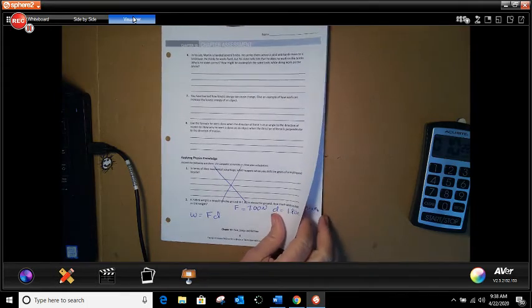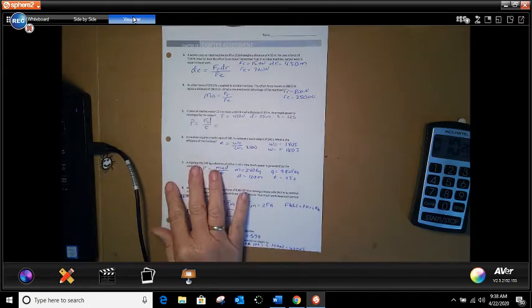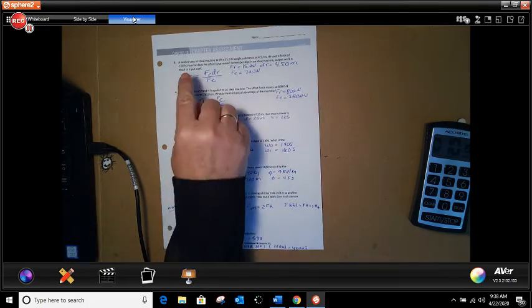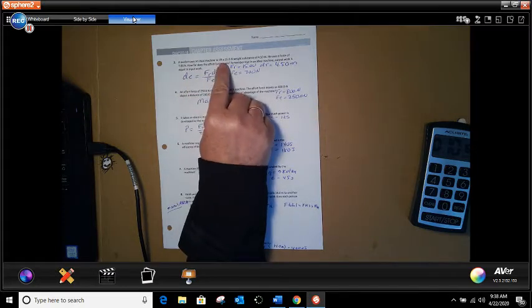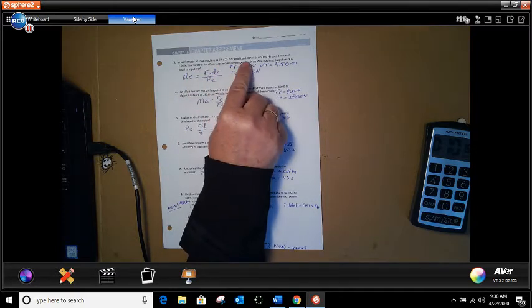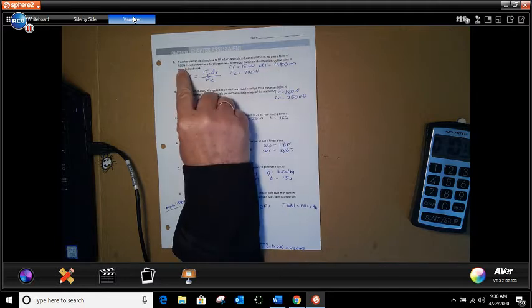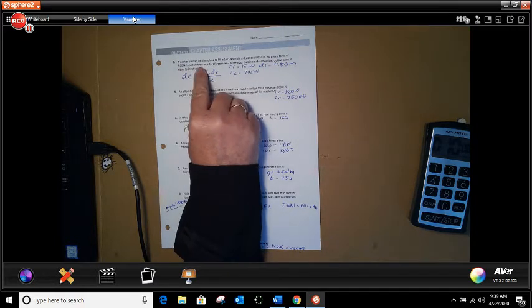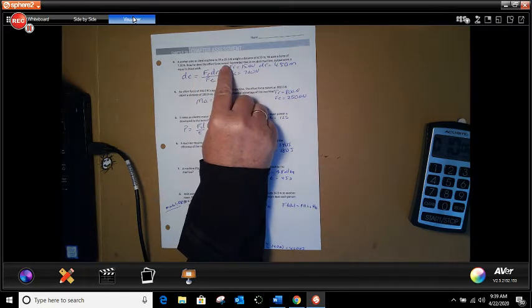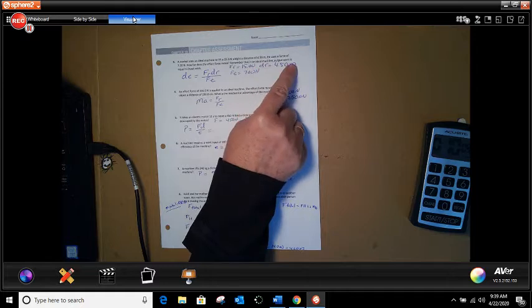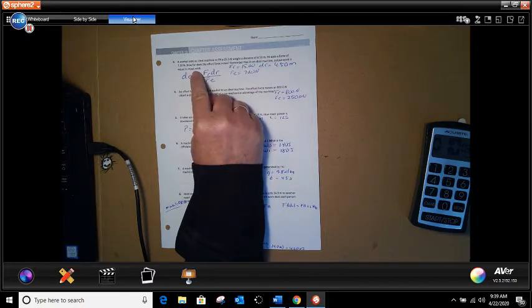On number 3, it says a worker uses an ideal machine and lifts a 15 Newton weight at a distance of 4.5 meters. He has a force of 7.0 newtons. How far does the effort force move? Remember that for an ideal machine, output work is equal to its input work.